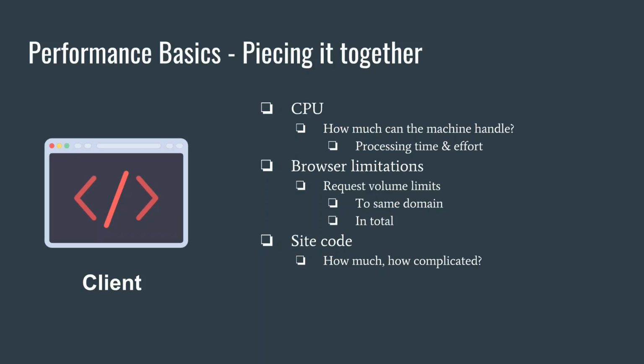It's possible to hit that request limit on the browser, both to the same domain as well as in aggregate. And when that happens, the requests have to wait until others are finished processing before they can fully execute and be sent out.